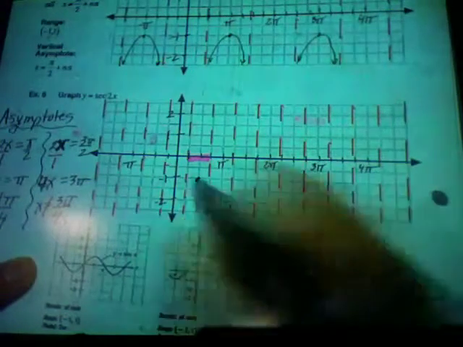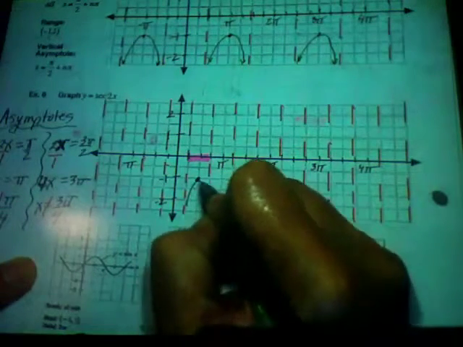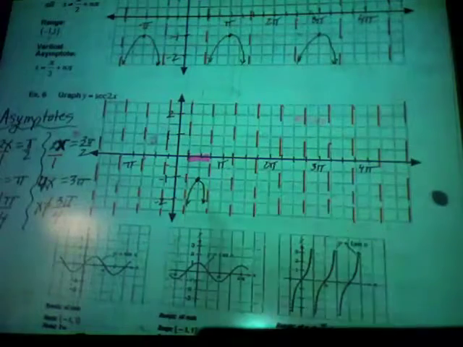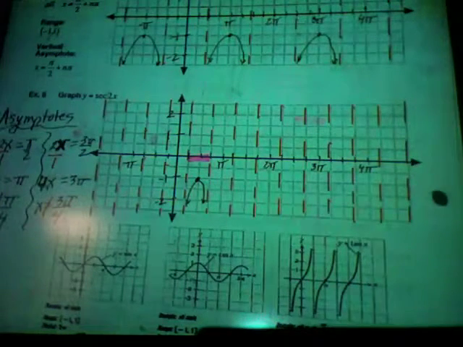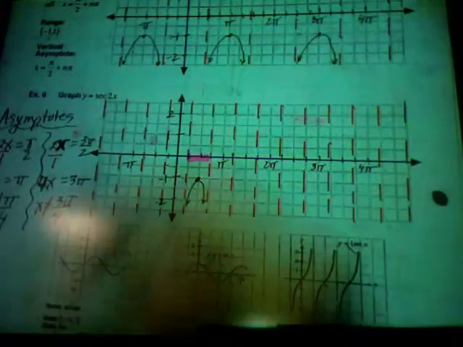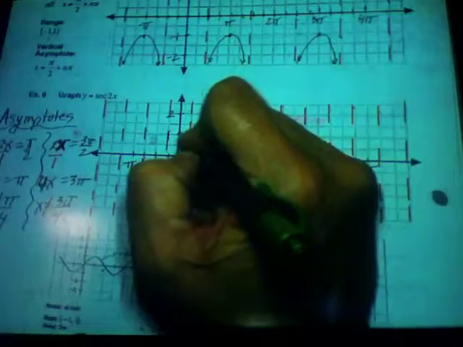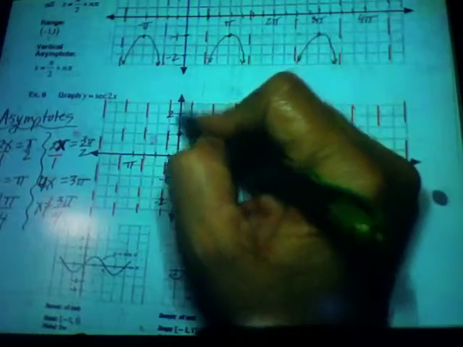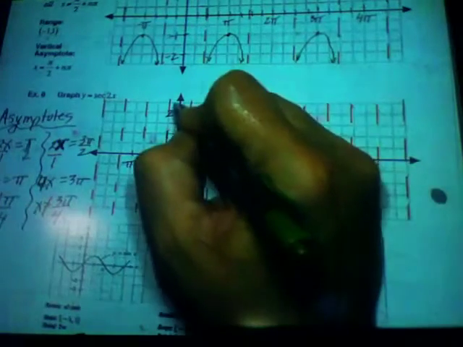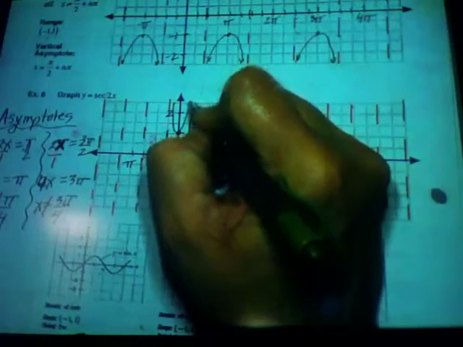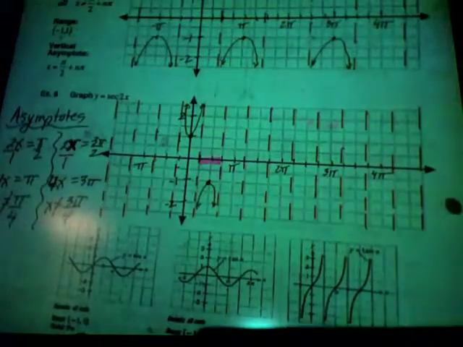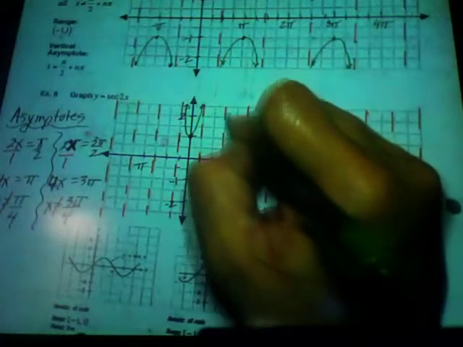This point is here at -1 because the amplitude has not changed, and it opens down. And if you think about it, you could have chosen this one too. This would be at +1 on the y-axis itself, and it opens up. So however you want to start your pattern, there it started.